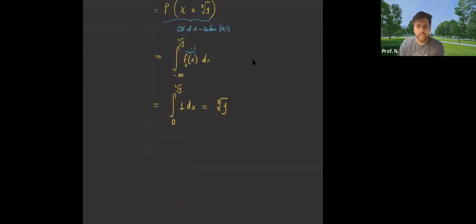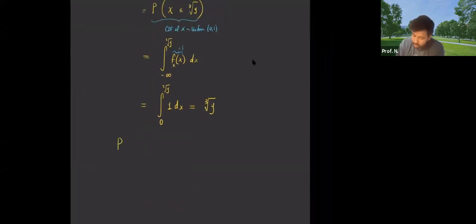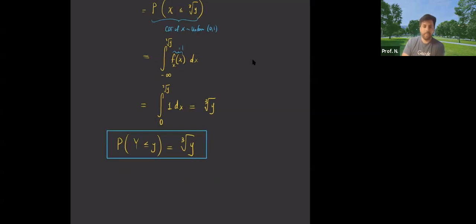So what did I just figure out? I figured out that the probability that y is less than or equal to y, because the random variable y is the cube of the uniform random variable x, is equal to the cube root of y. Does everyone see that? This is the CDF of y.